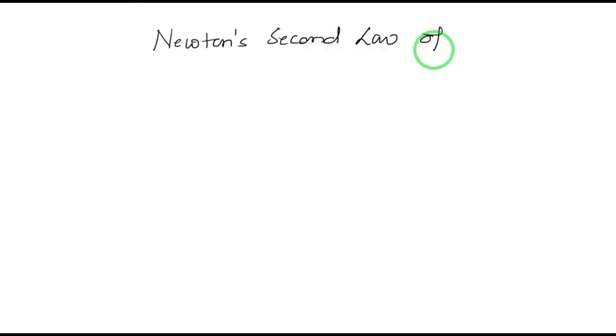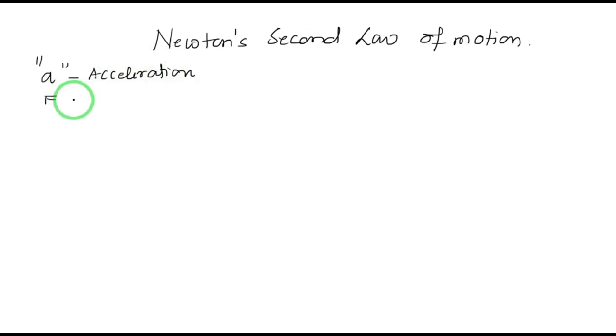Now let us try to express this mathematically and arrive at the final format of Newton's second law of motion. So once again, recall what Newton has said. If I write A here, it's acceleration, right? And F stands for, as you all know, force. And M is for mass, the mass of the body.